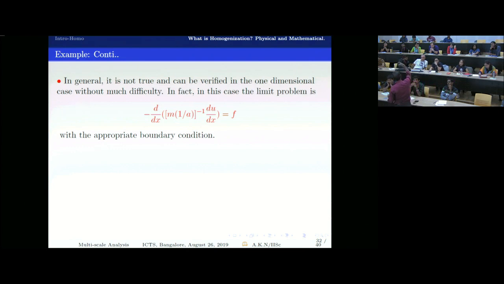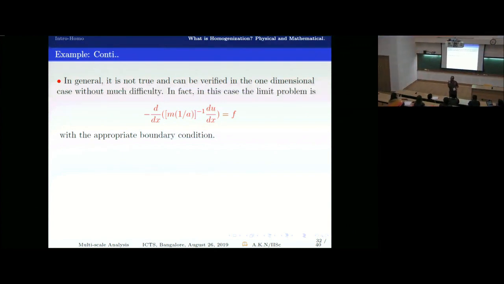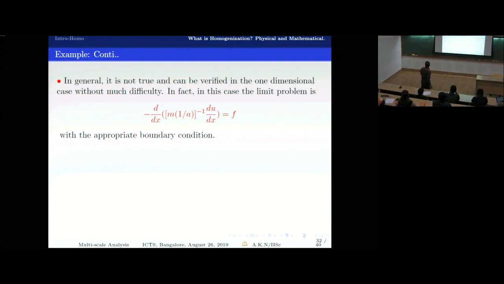Inversion and limit are not commutative. If they were, it would be easy to cancel and you would get the naive answer. Even in one dimension, which you can work out easily without any technique, you get this equation.